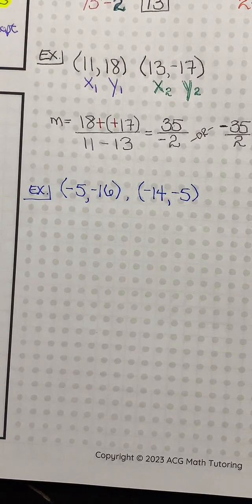Okay, for those that are just coming in, thank you for stopping by. Right now we're working on slope, and soon we're going to be doing a little bit of extension by learning about the equation of a line. And then we're going to end everything up with a little bit of graphing.